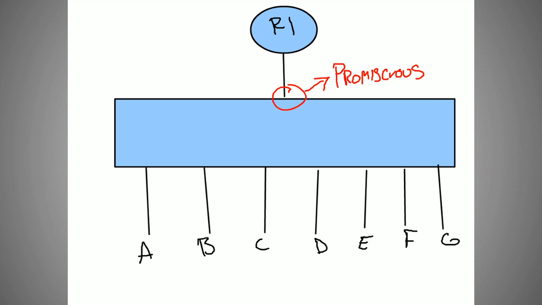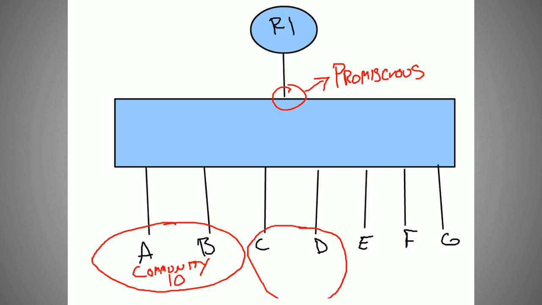Now, for A and B, we are going to put them in a community. And we'll say they're in community VLAN number 10. C and D, we're going to put them in community 20. Then E, F, and G, we're putting them in isolated VLAN 30.